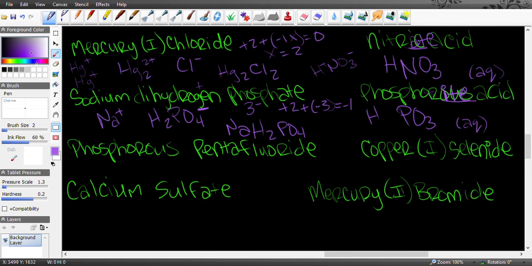The charge on the phosphite, that's PO3 3 minus. So 3 positive and 3 minus, H3PO3. Phosphorus pentafluoride. So we see this should be our first clue right here. Phosphorus is P, fluorine F, and penta means 5. There you go.